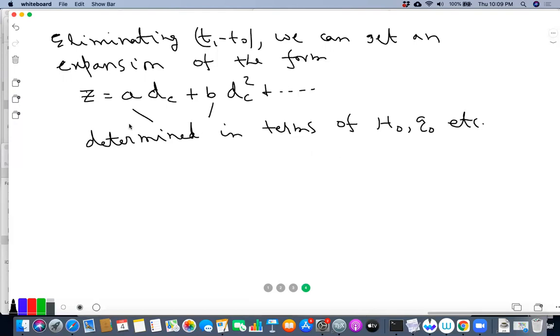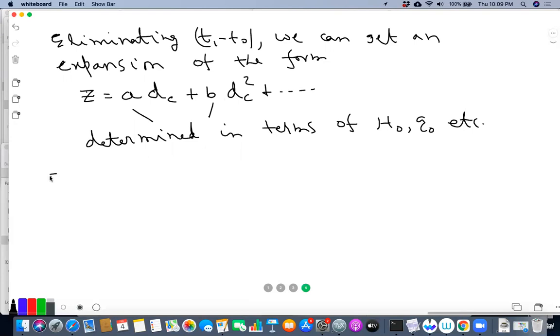Conversely, if we know the relationship between distance and redshift, and this is in fact what we measure in experiment, then by looking at an expansion of this kind, we can calculate the coefficients A, B. Knowing the relationship between these coefficients and H0, q0, etc., we can determine H0, q0, and so on.